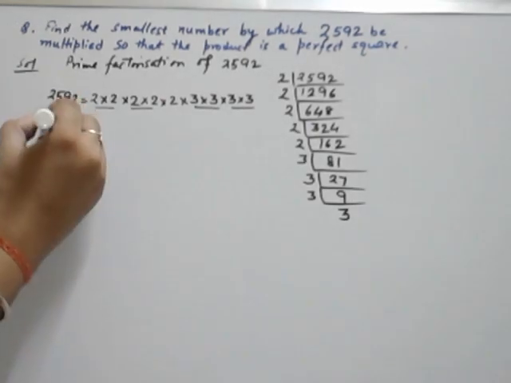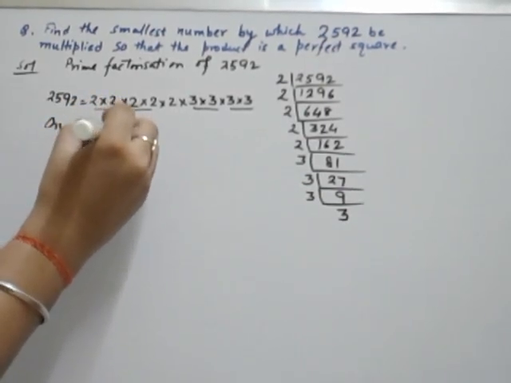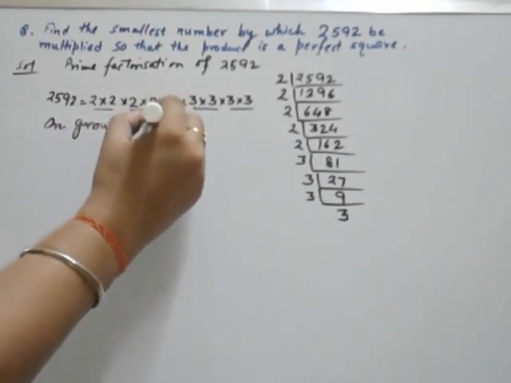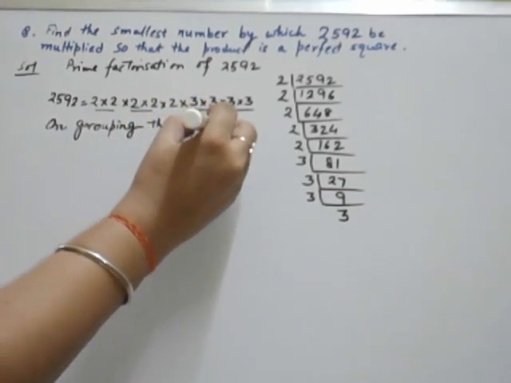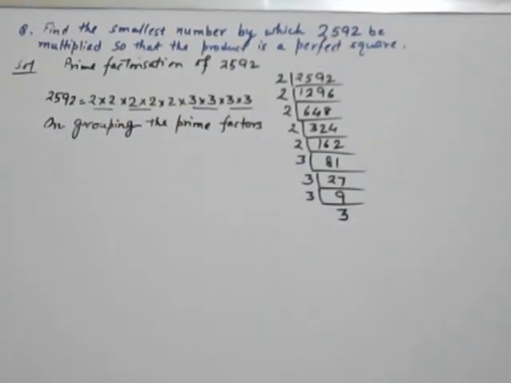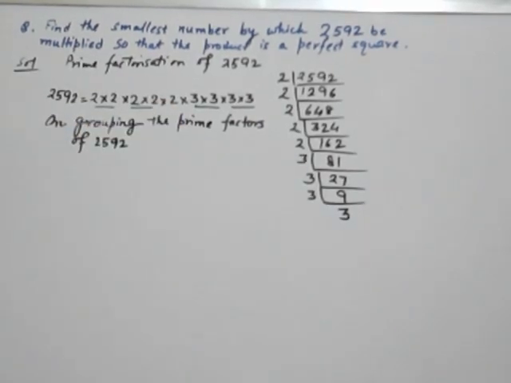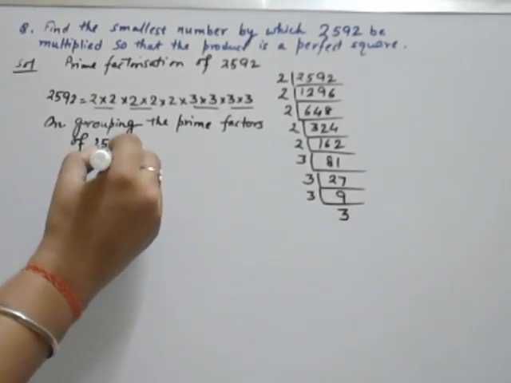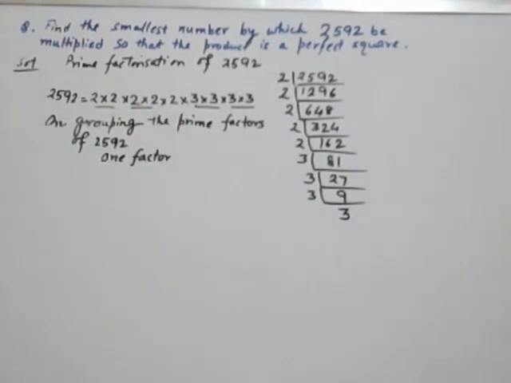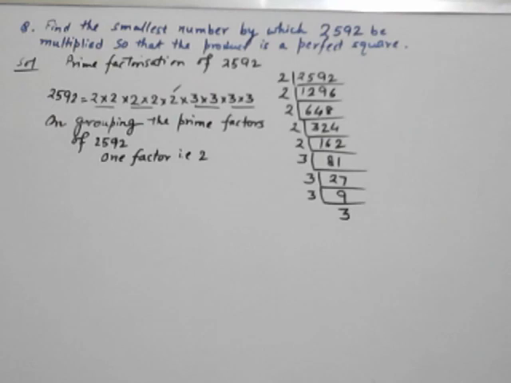So on grouping the prime factors of 2592, one factor, that is 2, is left.